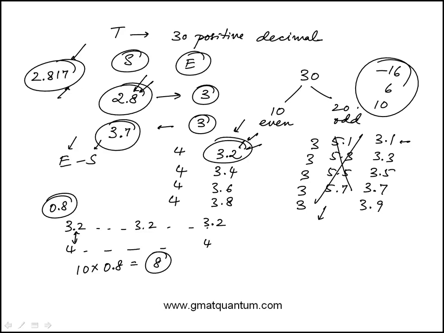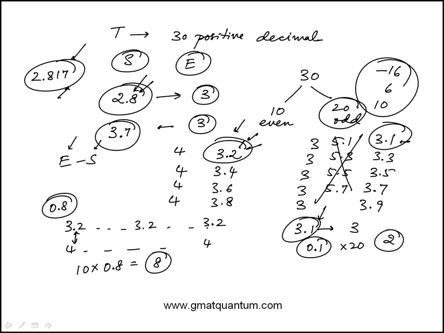Whereas the 20 odd ones, if let's say it's 3.1, goes down to 3, they decrease by 0.1 each. Here I'm assuming that all the 20 odd numbers are 3.1. So 20 times 0.1 is 2, so that's going to decrease it by 2. So it goes up by 8, this goes down by 2. So the net change here is 6, meaning that the estimated sum would exceed the sum by 6. So 6 is a possibility.